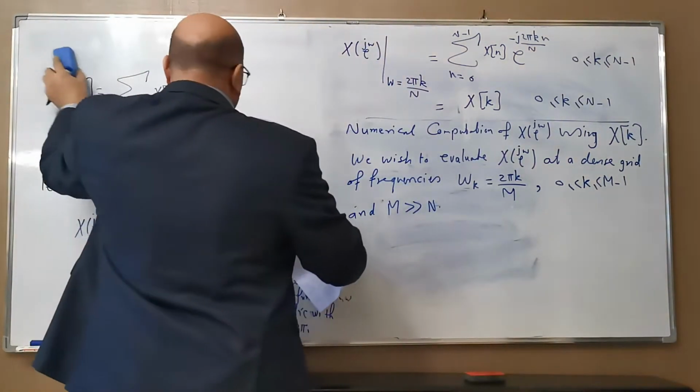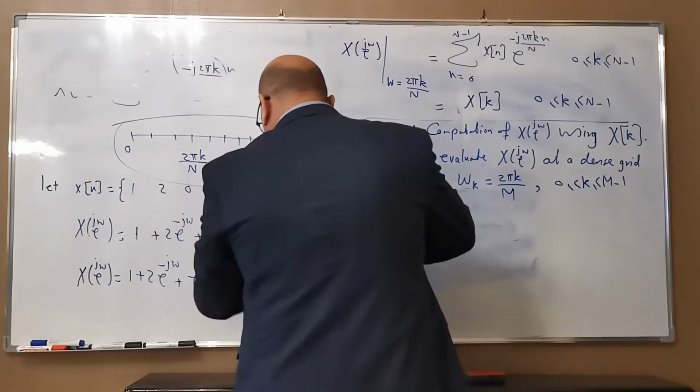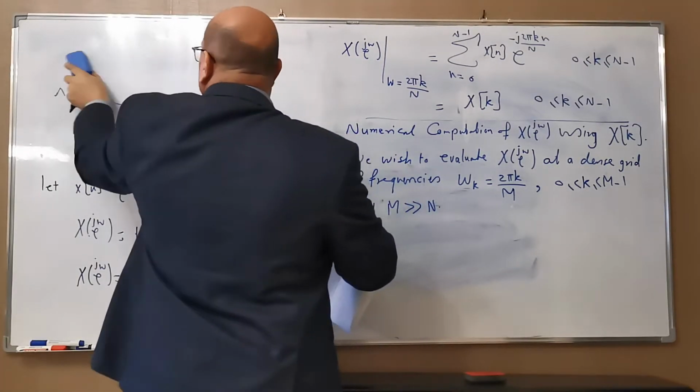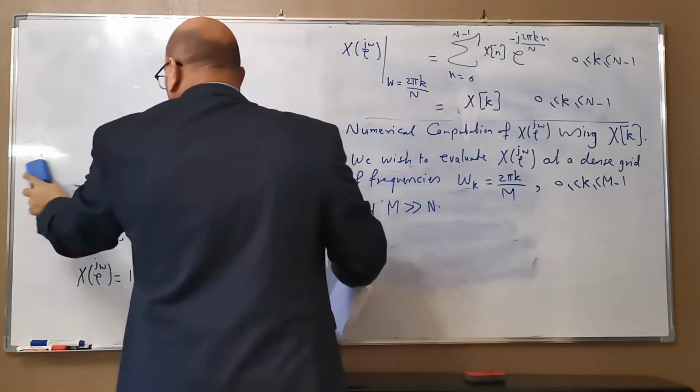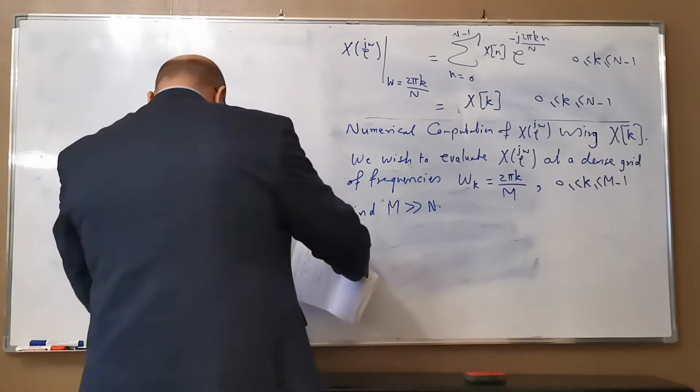It means that we would like to evaluate X(e^{jω}) on a continuous range of frequencies. We cannot do that in a computer, so we do it on a very dense grid of frequencies.